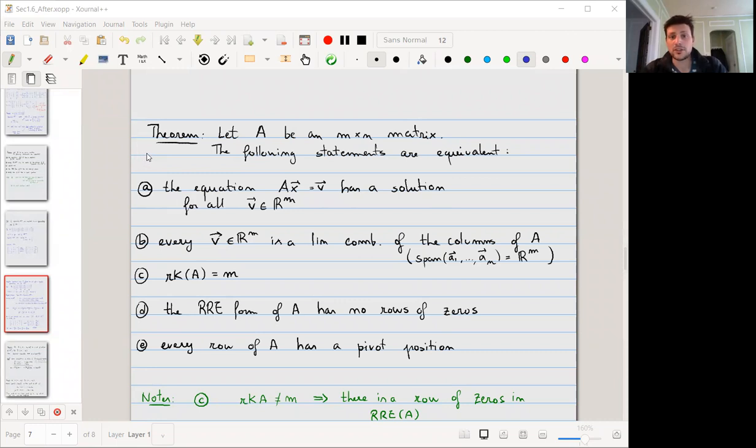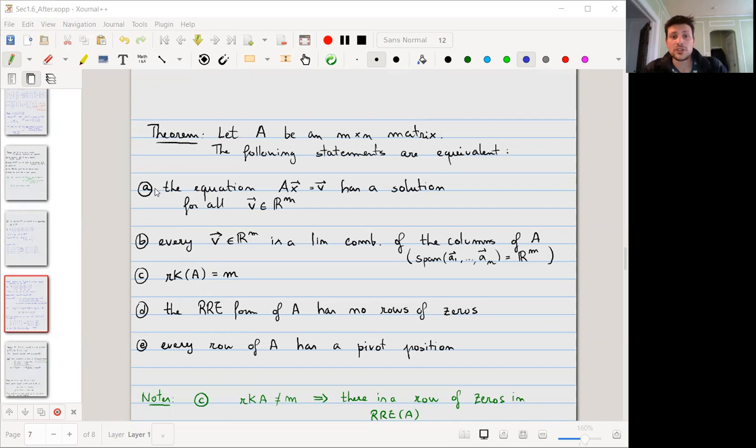Whenever we're given a matrix, m by n, then there are many equivalent ways of saying the same thing. And depending on our situation, one of them may be more efficient or less than another. So it's good to know that all of these conditions carry the same amount of information.